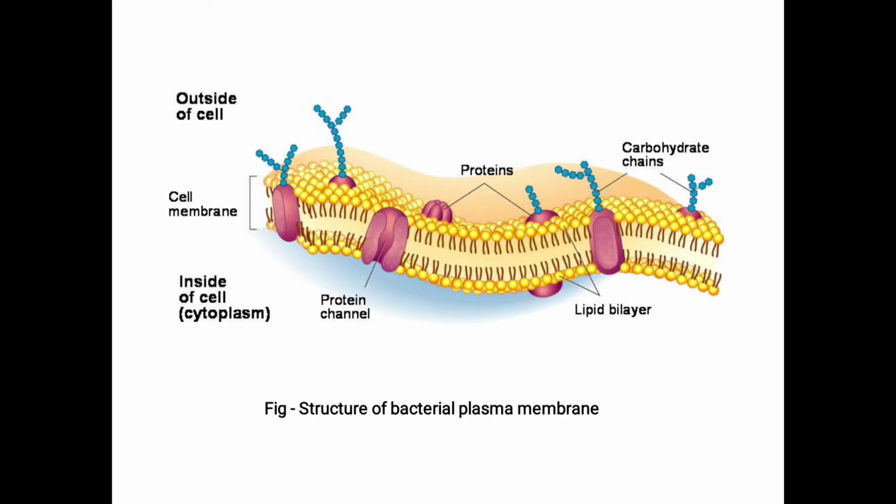This is the structure: the cell membrane, the proteins, carbohydrate chain, lipid bilayer, and the protein channel. This is the outside of the cell.